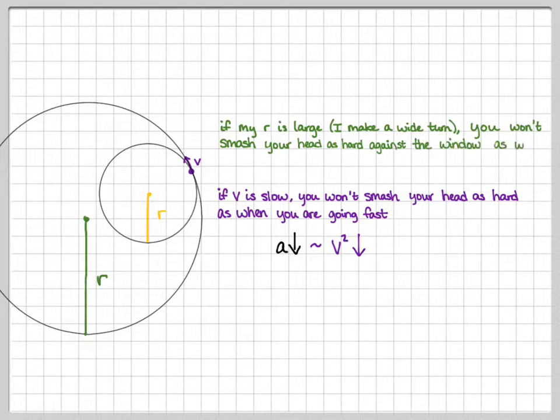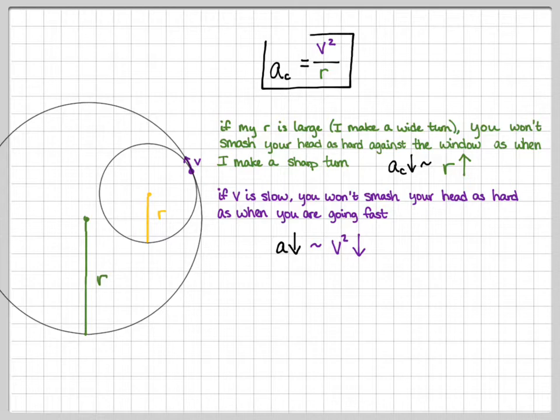Whenever you make a really sharp turn, it's usually really jarring, and you usually clip a curb, or at least I do. So if I have a large radius, you won't hit the window as hard. So that's an inverse relationship. As my radius goes up, my centripetal acceleration goes down, and that's just a straight inverted relationship.